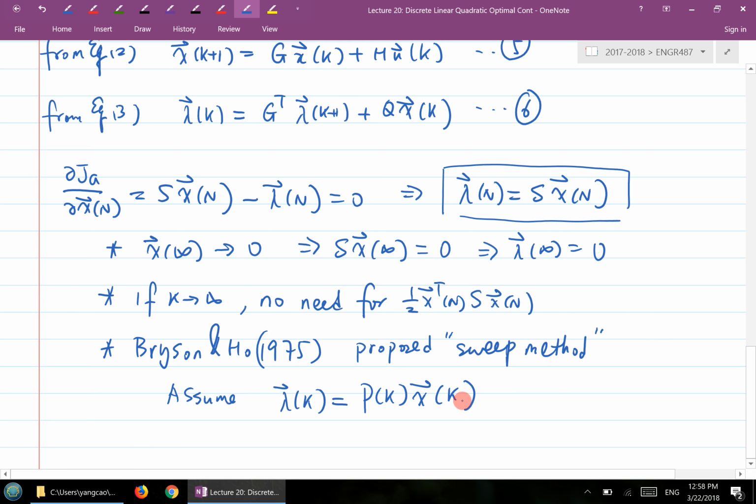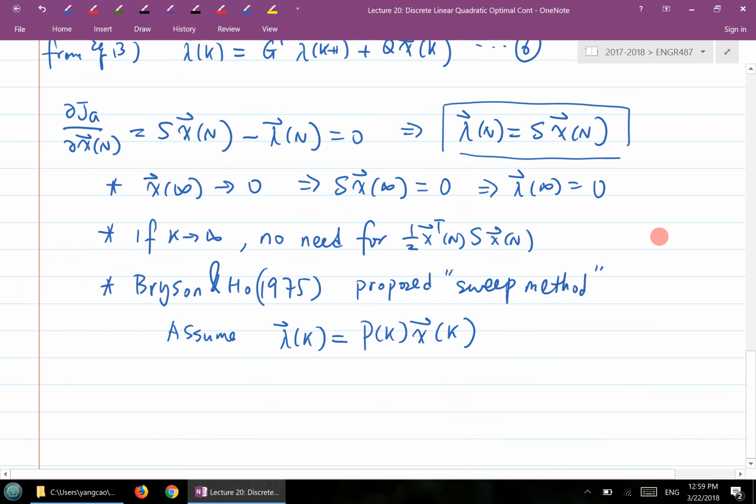That's essentially what this sweep method is, trying to make a general assumption that for any other k value, lambda k maintains a relationship with x of k by multiplying not a constant matrix but a varying matrix P here. That's the assumption, which is called the sweep method.